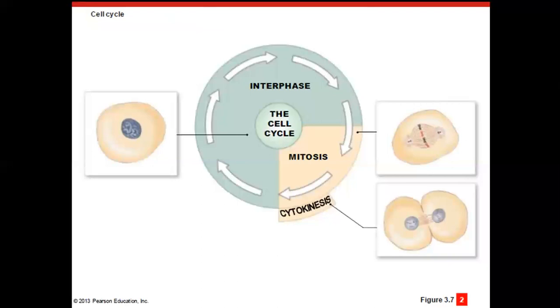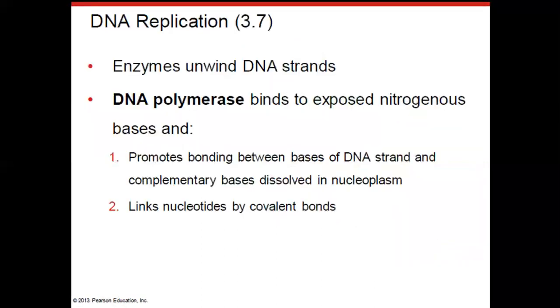Again, cells spend most of their time, my cursor there, in interphase, and then spend a part of their living time in mitosis. And the very end of mitosis is cytokinesis, or the actual division of cells into two. So when the DNA replicates itself in interphase, it basically duplicates the amount of DNA.